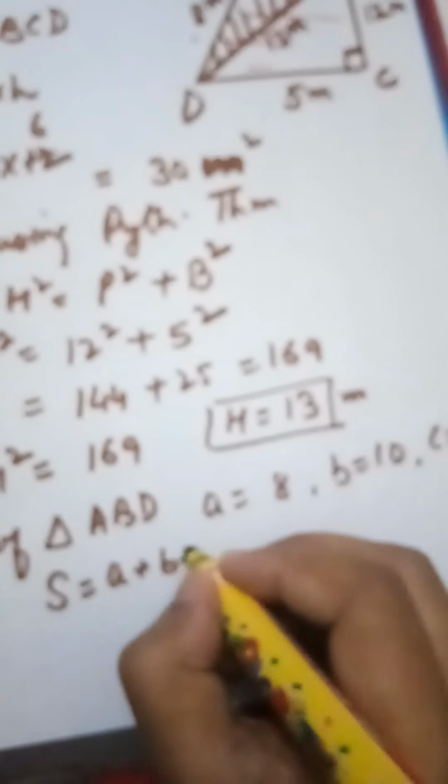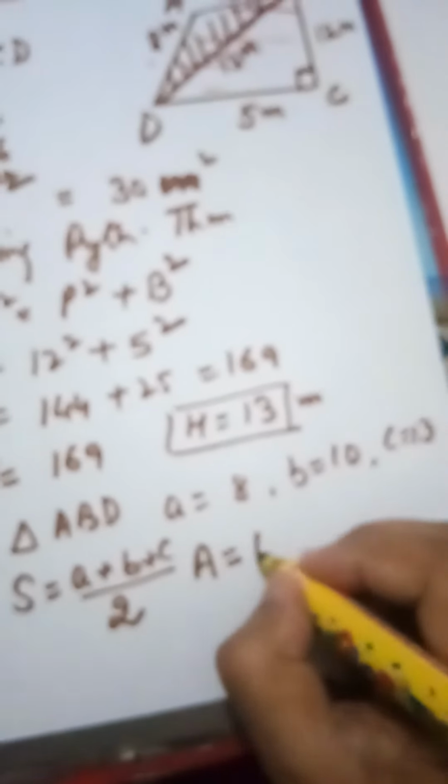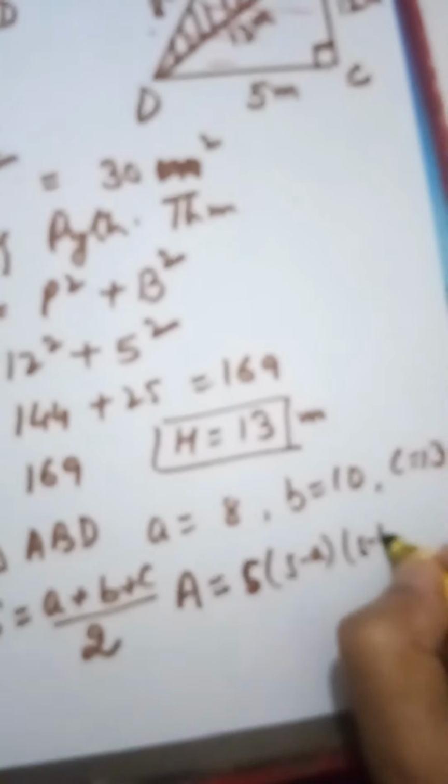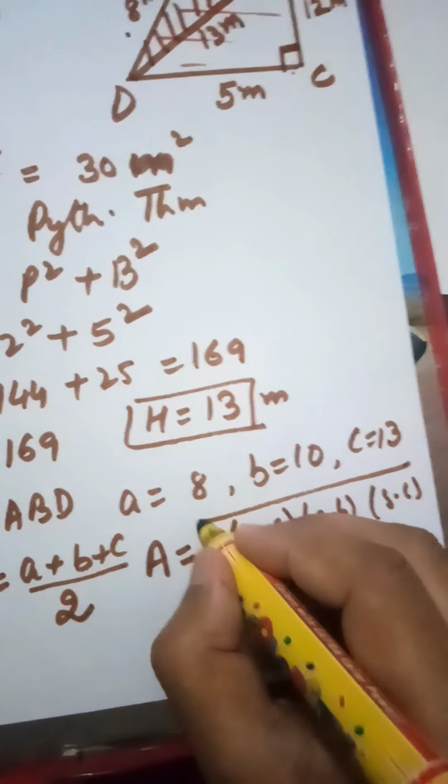That can be easily done with the help of Heron's formula. A is 8, B is 10, C is 13 and all dimensions in meter. So go for S here, A plus B plus C upon 2, and use Heron's formula for the area of this triangle as S into S minus A, S minus B, S minus C under the root.